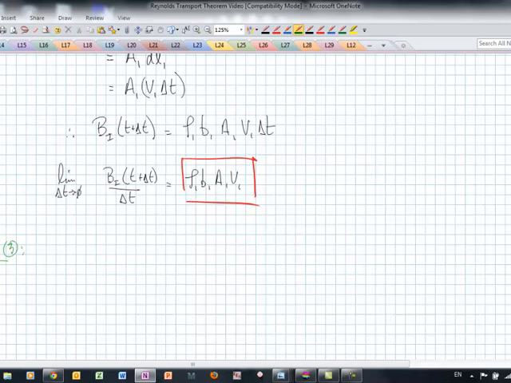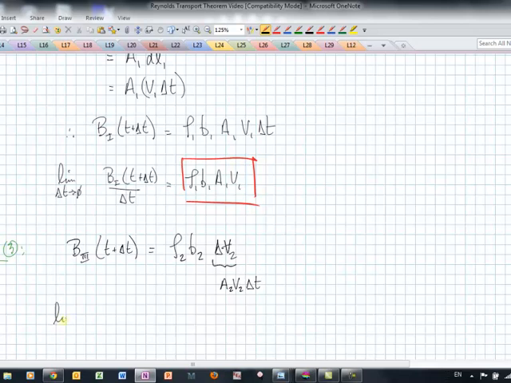So what we've got is B3 of t plus delta t is equal to rho 2 B2 delta V2, and that delta V2, just like before, is equal to A2 V2 times delta t.